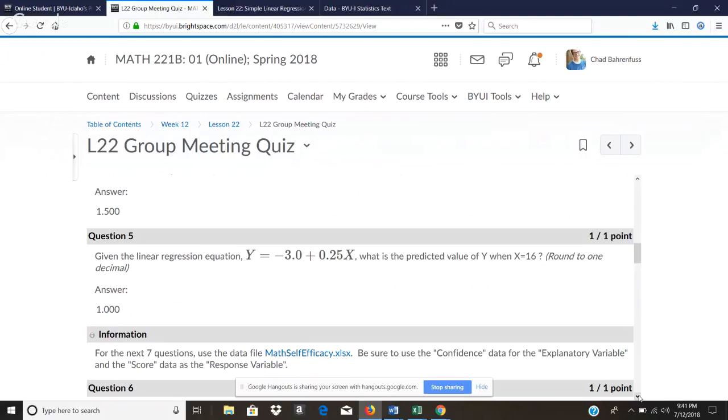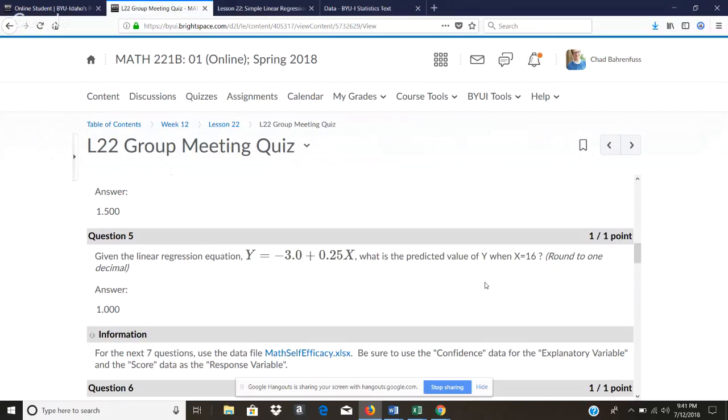It says round to 1 decimal, so you can just put 1.0. So just plug in the 16 for x, multiply 0.25 by 16, and add it to negative 3.0.